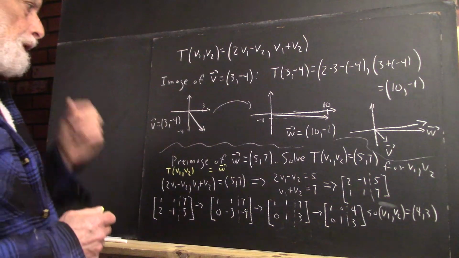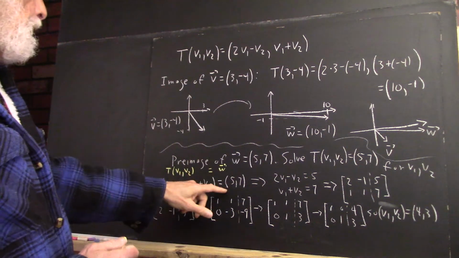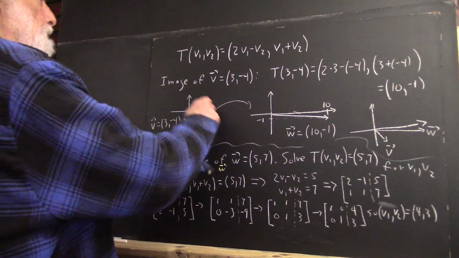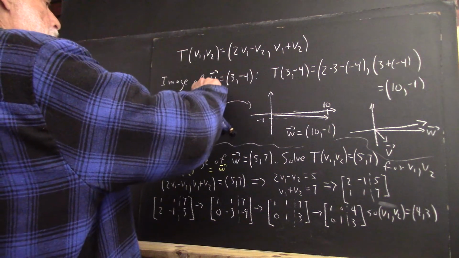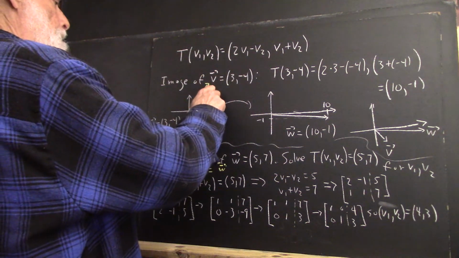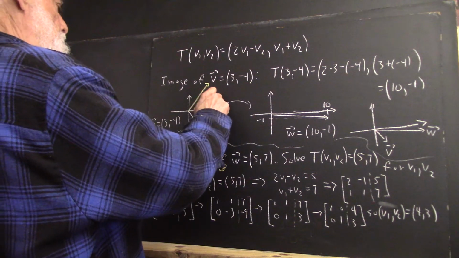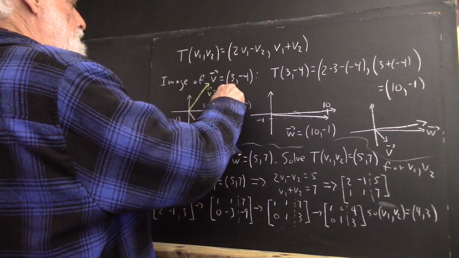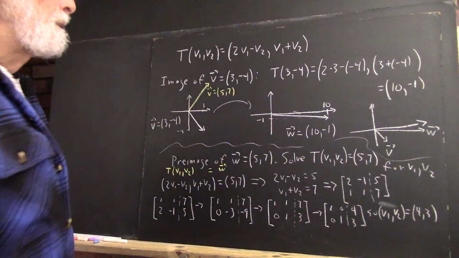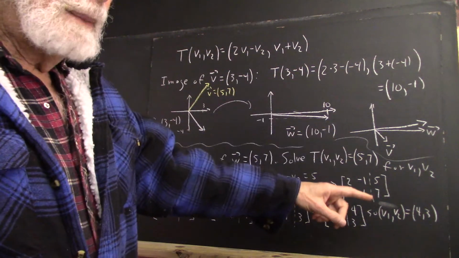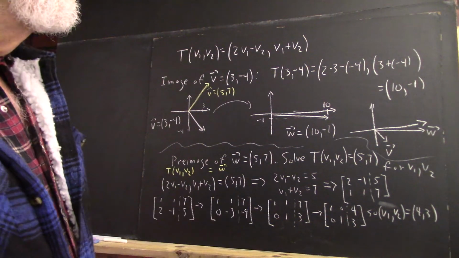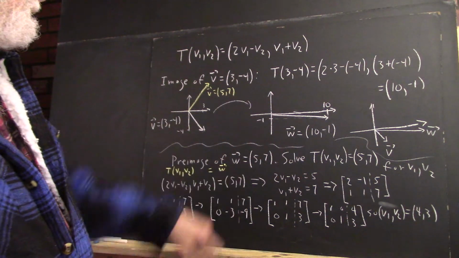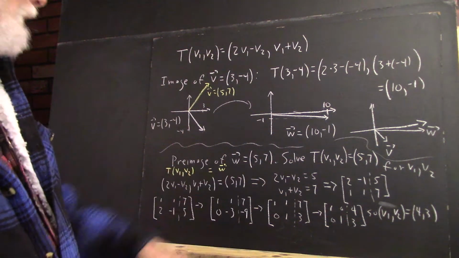That tells us that if we take the vector 5, 7, and I've got to exaggerate a little bit, but let's say 5, 7 is here, that when we map this by the transformation, we get our target. Now W was 5, 7, V's 4, 3.